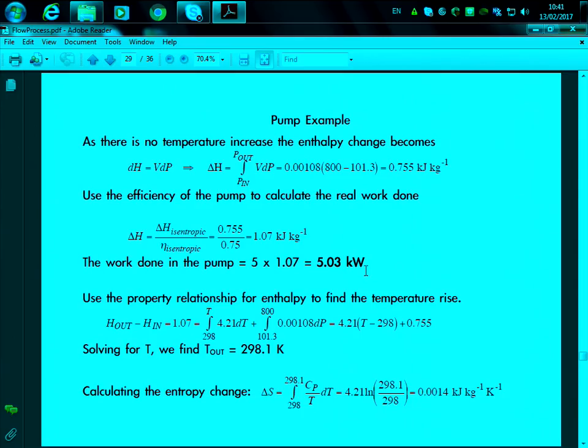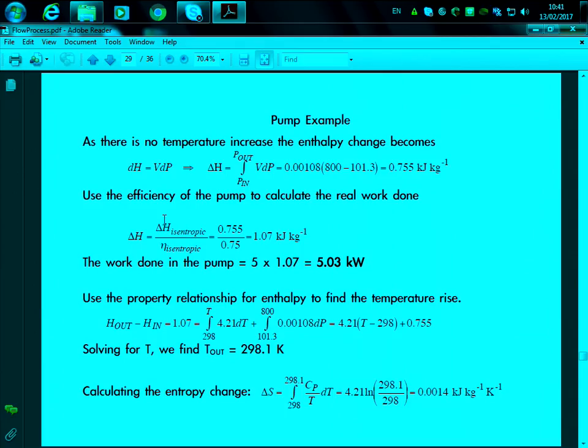Well, this is the isentropic enthalpy, and you divide by the efficiency that was given to actually give you the real enthalpy, and then you just multiply that by the mass, and that's the real work, m delta H. But I'm going to explain it better this way.